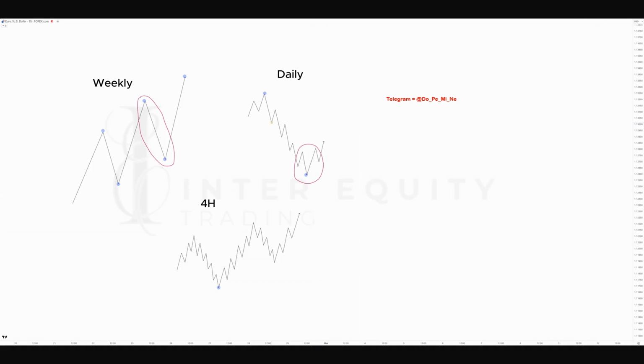Okay, actually, let's make this violet. Okay. All right, so price creates that lower low, lower high, lower low, lower high, lower low, lower high, lower low, lower high to create that weekly higher low and then break structure, creating the higher high, then the higher low, and then the higher high.